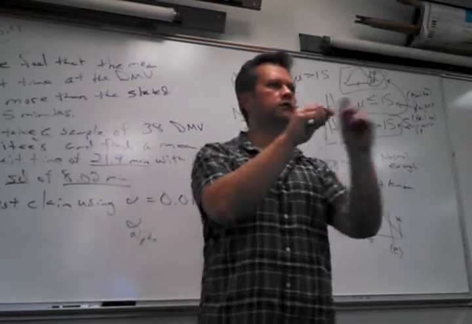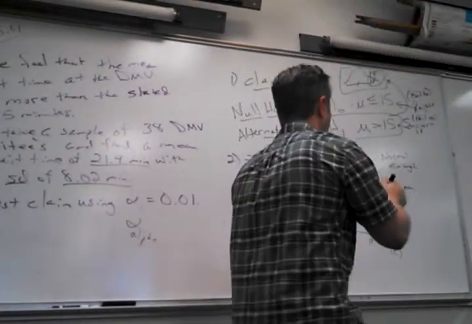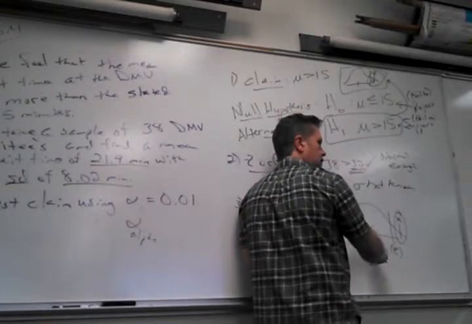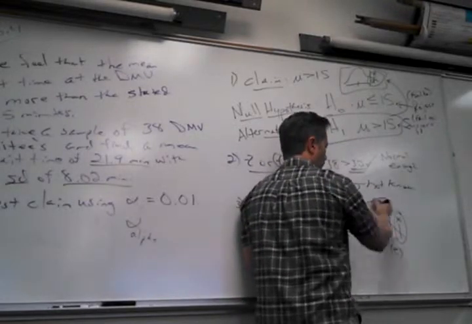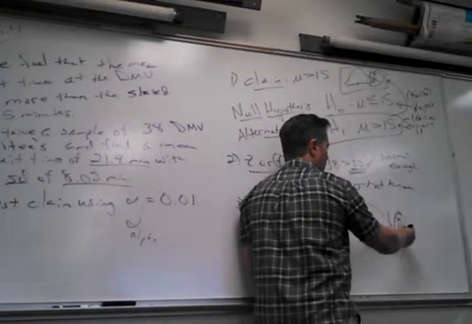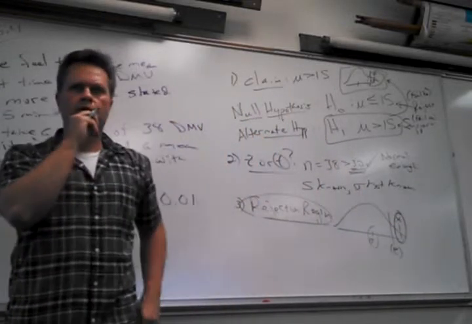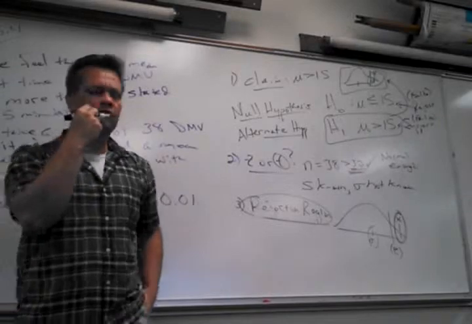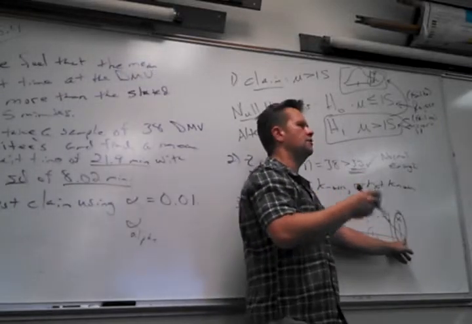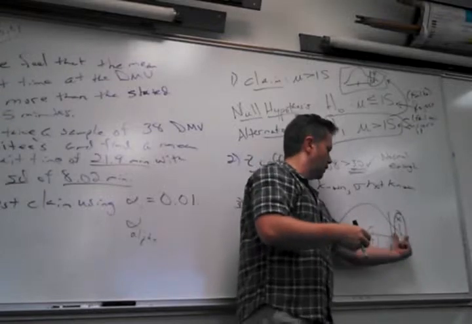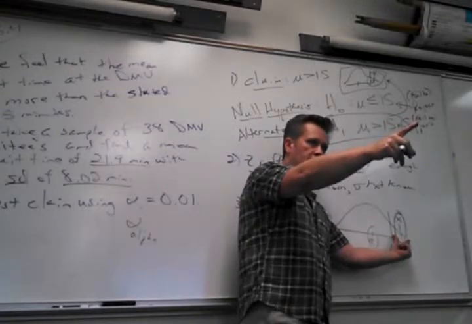Beautiful, I love it. Okay, so that's where I'm leading to. If 15 really is the middle, then it's not impossible to get a sample there, is it? You guys with me? If 15 really is the middle, it's not impossible. But the probability of doing it is very small.